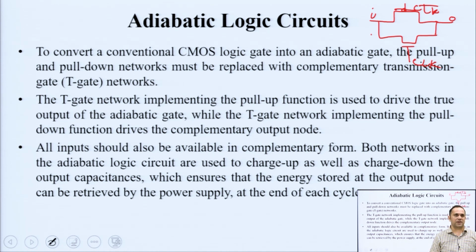One transmission gate network does the pull up function for the true output, while the other transmission gate network does the pull down function for the complementary output. All inputs, as I have said, should be available in complementary forms, and both the charging up and charging down can be done for the output capacitance, so that some of the power comes back to the source and gets recycled, and our objective of low power VLSI design is achieved.